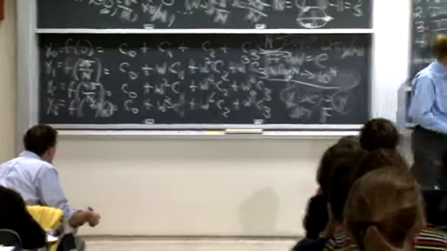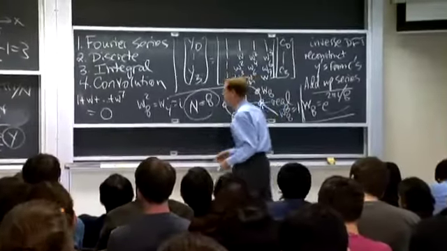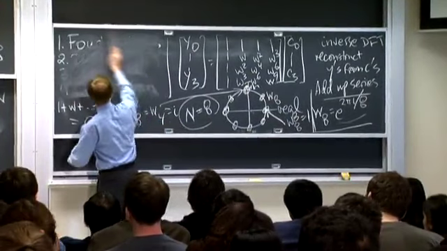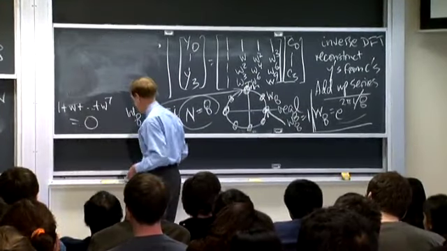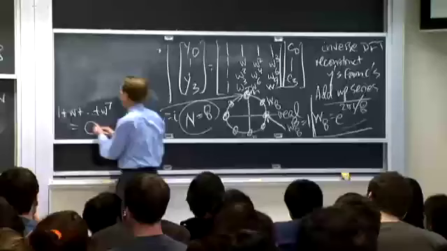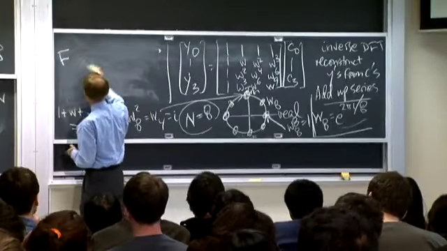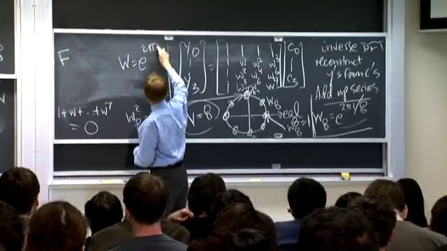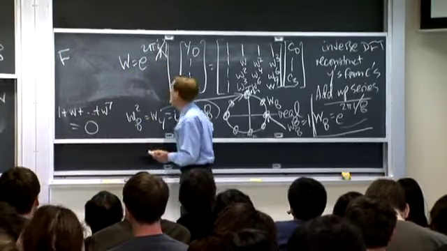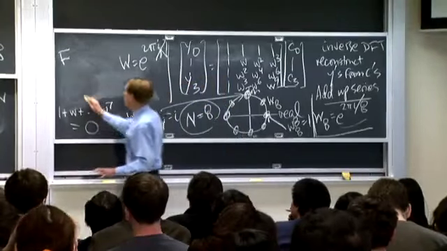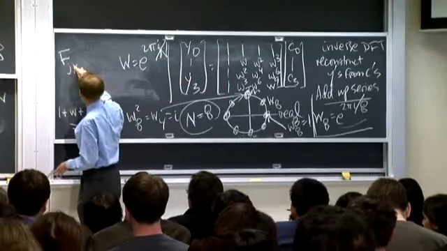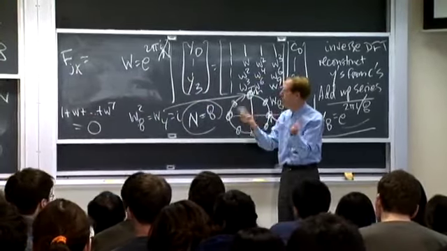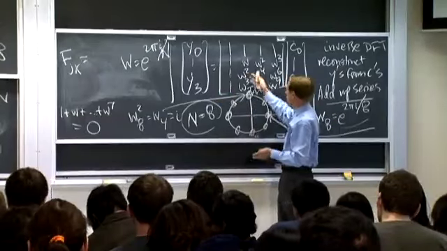Well, let me repeat what W is. I'll put it on this board. F has powers of W. W is e to the 2 pi i over n. And what power has it got in the j, k position? So now you're going to see a formula for these entries.